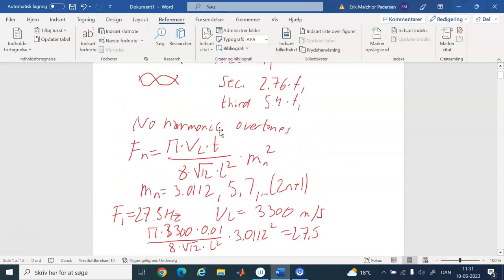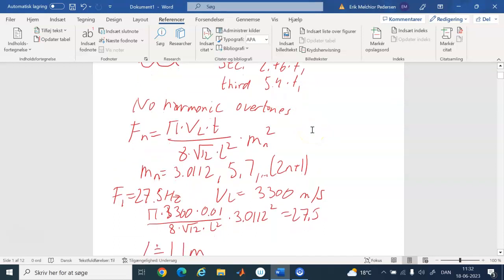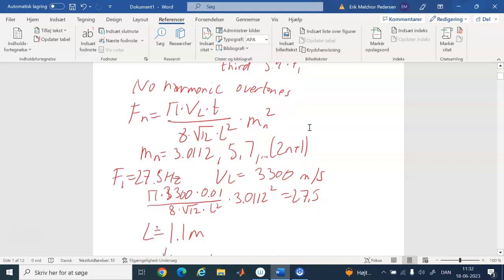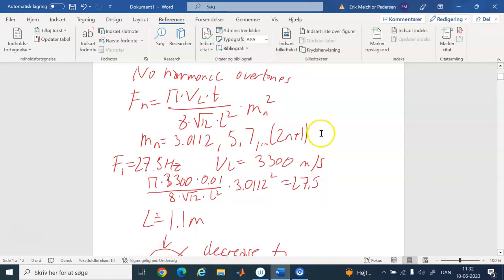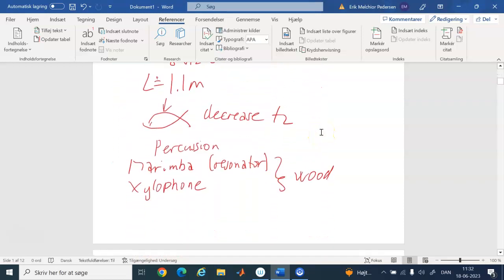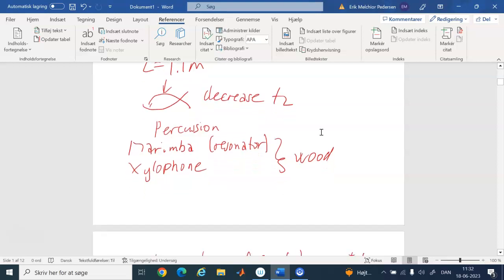There are no harmonic overtones, and to change that a little, if we strike in the middle, we can decrease F2. I've talked about this. We can also decrease the thickness in the middle of the key to make changes to the inharmonicity.